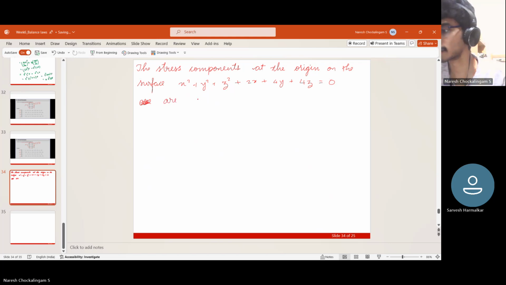The stress matrix is 2 minus 1 0, minus 1 2 0, 0 0 4.